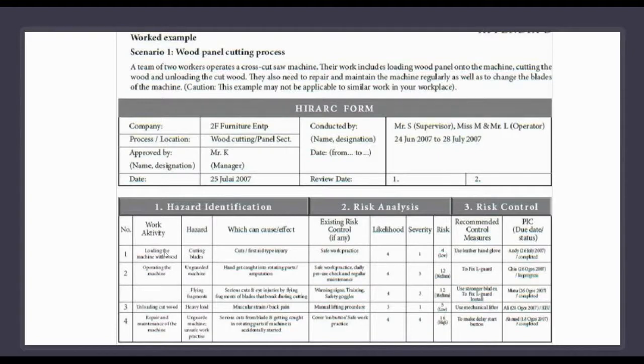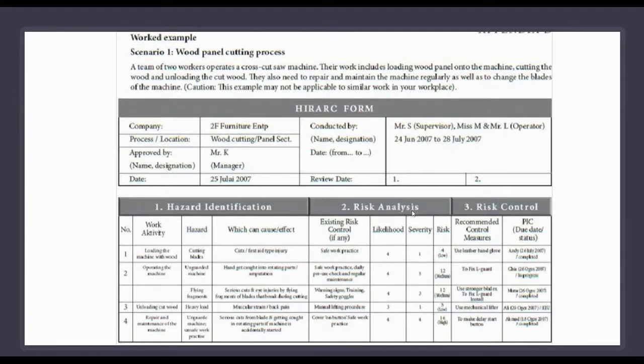Okay, and then depending on the work activity, they identify the hazard, and then they identify what kind of effect or cost the hazard has. For example, cutting. Okay, cutting blades. Cutting blades is the hazard. So what's the effect or the cost? Might be cuts or first aid type injury.